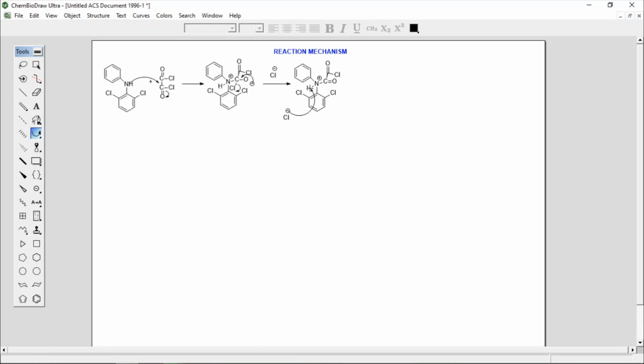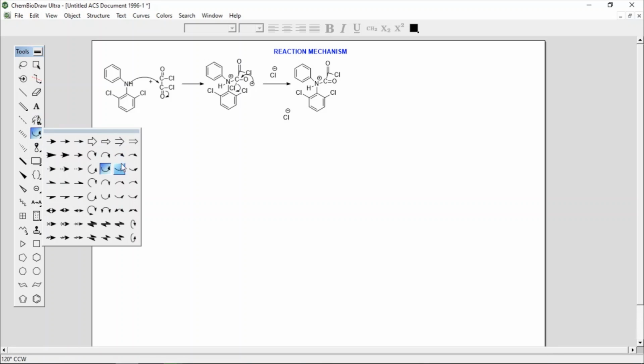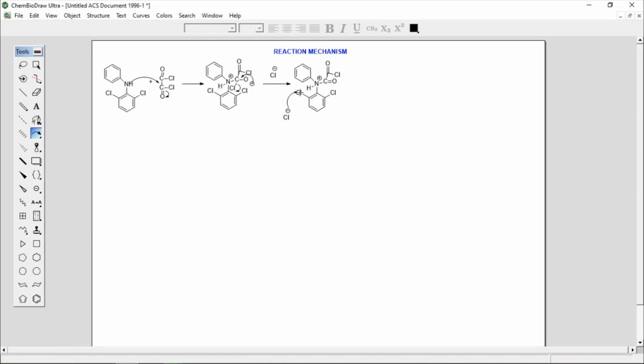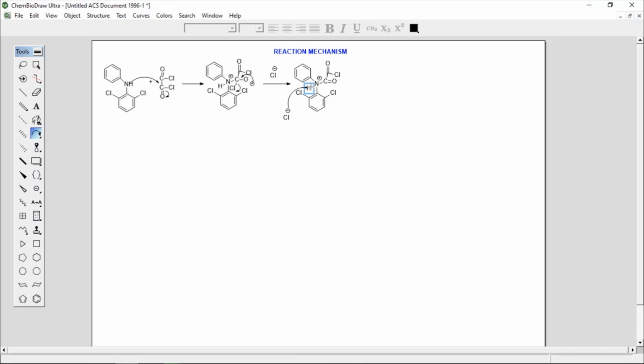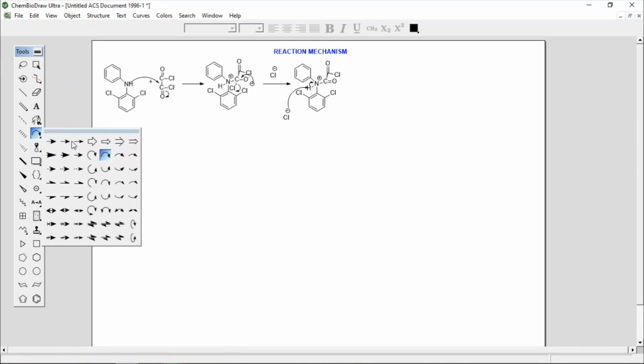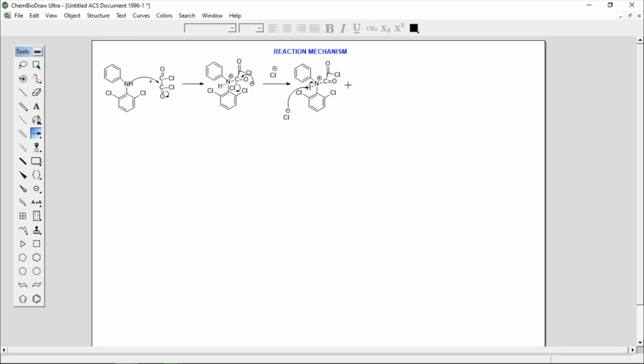So it will take this hydrogen and stabilize this nitrogen, and HCl is a byproduct. So one arrow, minus carbon is there.